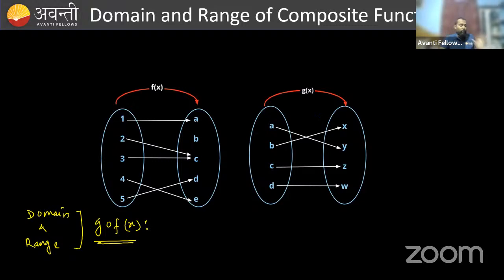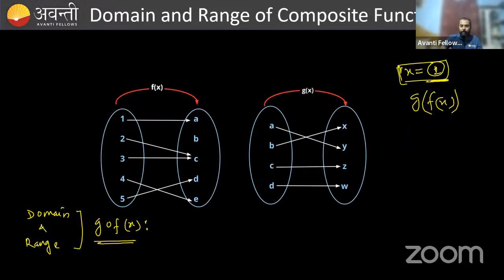So how we can find the domain? This is important. How we can find the domain? So let's see. Here I am taking g of f of x. Suppose I am taking x is equal to 1.